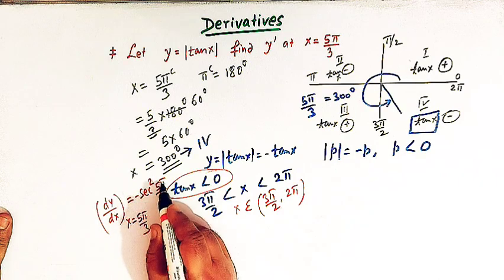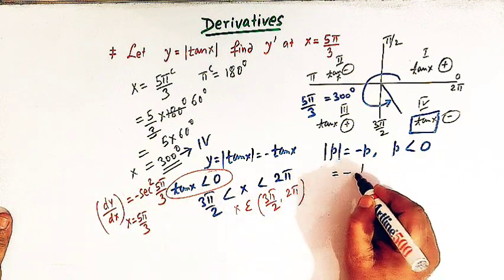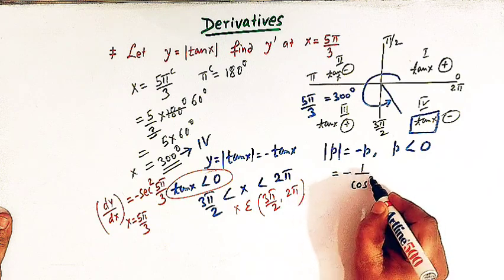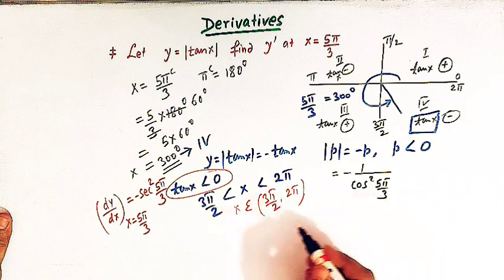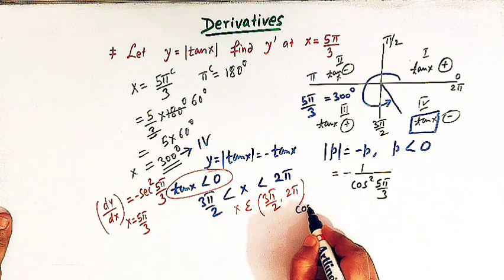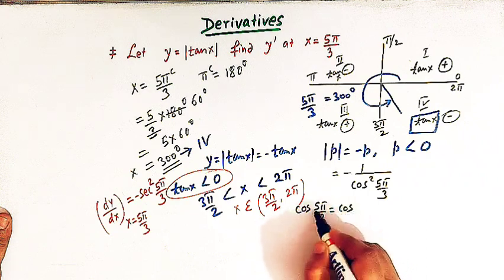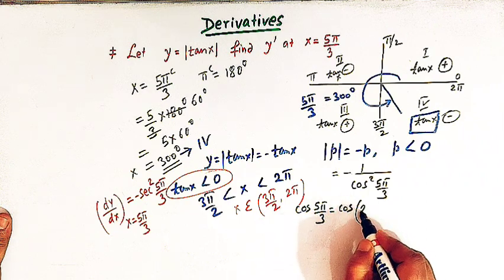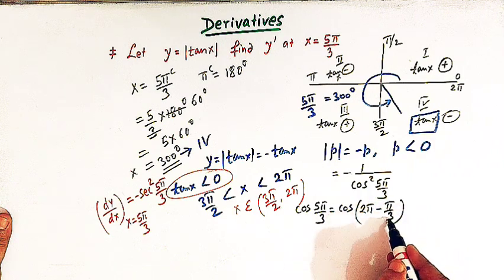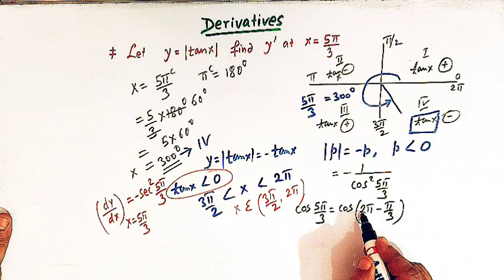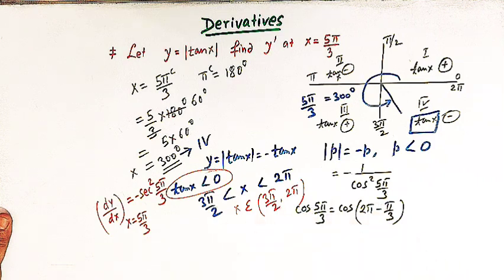Now secant square 5 pi by 3 can be written as 1 over cos square 5 pi by 3, right? So let us separately find out the value of cosine 5 pi by 3. We can write it as cos of 2 pi minus pi by 3, because 3 times 2 is 6, 6 pi minus pi is 5 pi over 3, right?